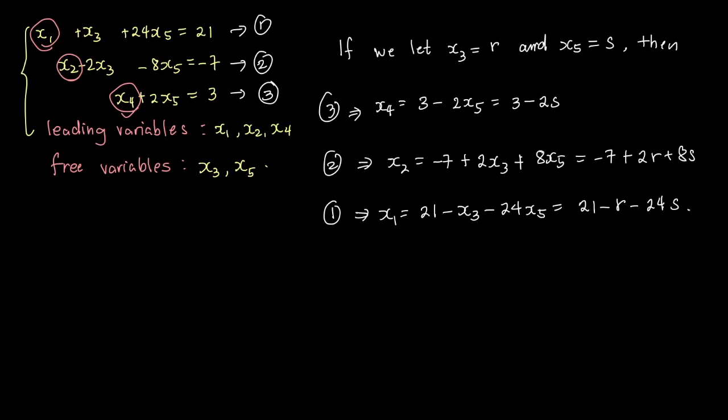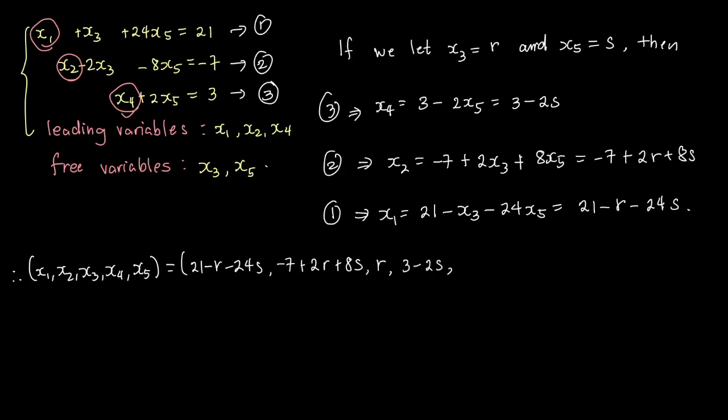So, therefore, we can now write the following: x sub 1, x sub 2, x sub 3, x sub 4, x sub 5 equals, x sub 1 is 21 minus r minus 24s, x sub 2 is negative 7 plus 2r plus 8s, x sub 3 is r, x sub 4 is 3 minus 2s, and x sub 5 is s.